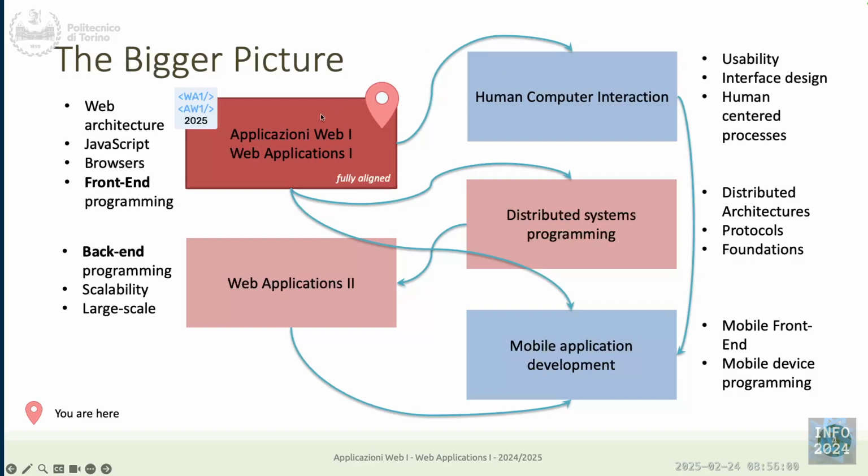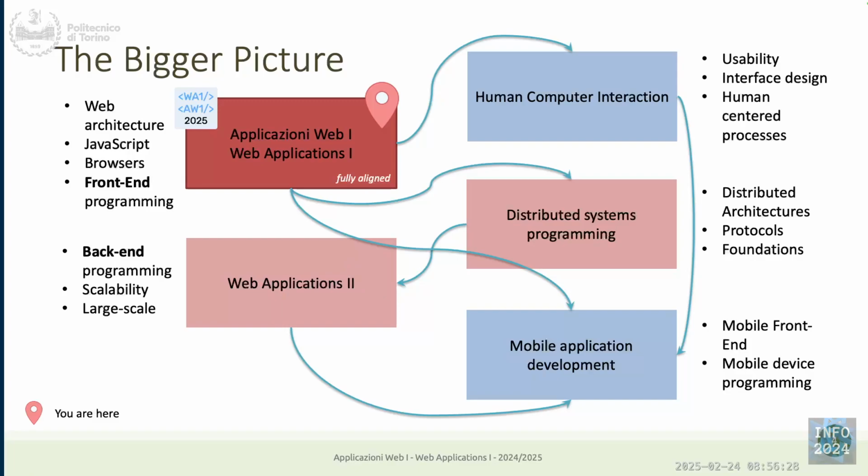Starting from this course, in the computer engineering degree we have other courses that you can take. Mostly they are optional, depending on the path that you've chosen. Just to give you the big picture, we have these three reddish boxes, which are the path for web programming.